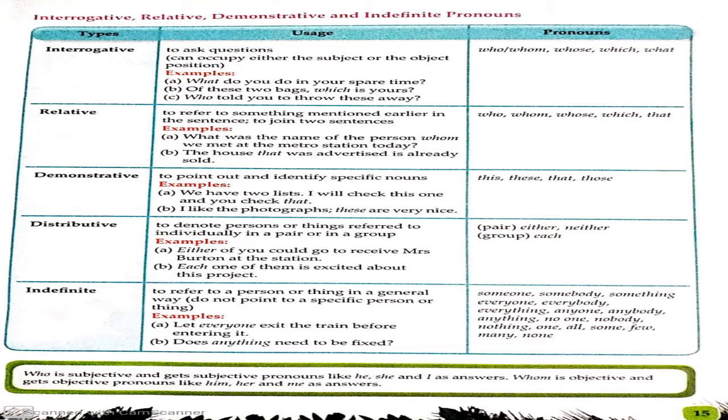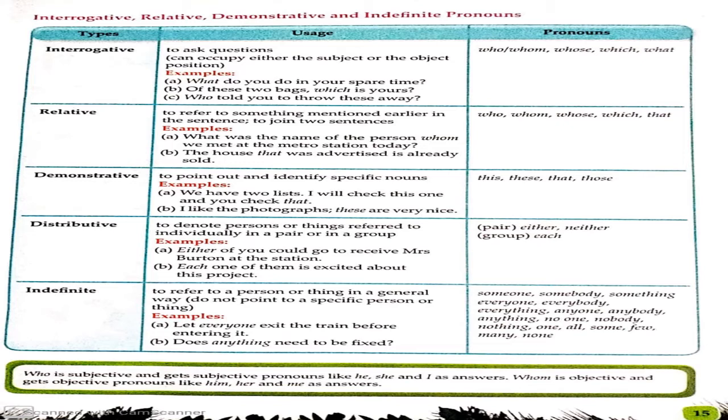So from the group, here they are referring to individuals. Either of you could go and receive Mrs. Burton at the station. Then next is, each one of them is excited about this project. So here, each one of them. So from the whole group, they are referring to an individual by using the word each. Okay, so each one of them is excited about this project.